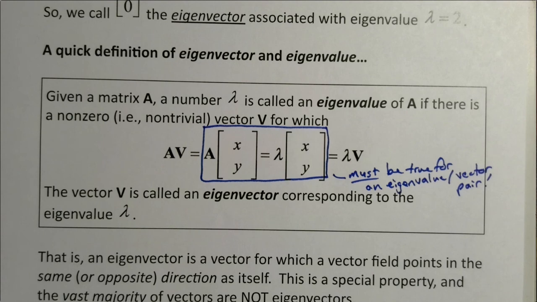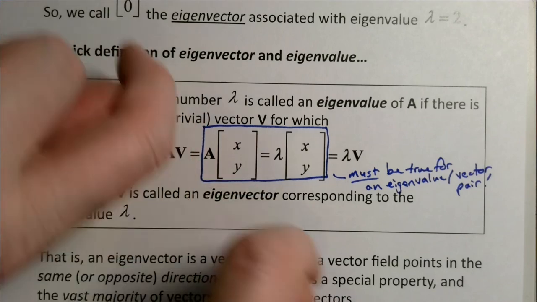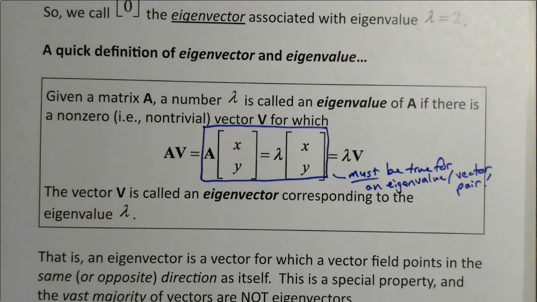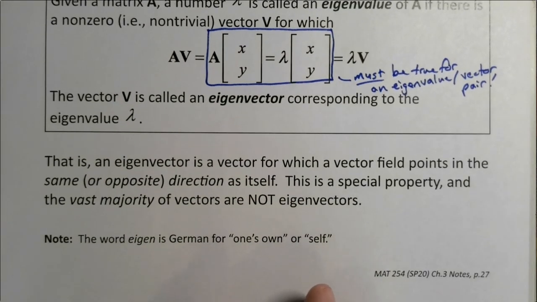So this is really just a fancy way of saying we found a way to figure out the location of every single one of those vectors that point towards the origin or directly away from the origin, just like we saw earlier in our diagram. And if you're thinking that eigenvector or eigenvalue sounds kind of like a foreign word, it's true, it is.